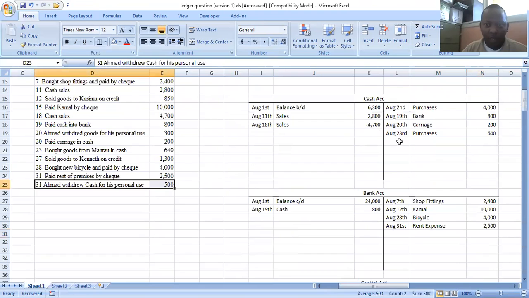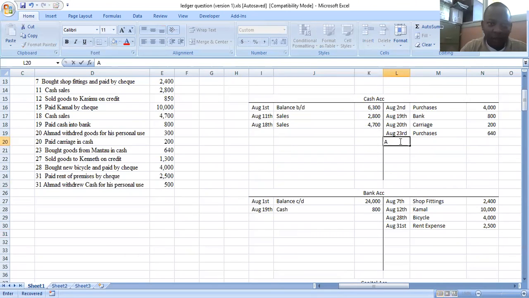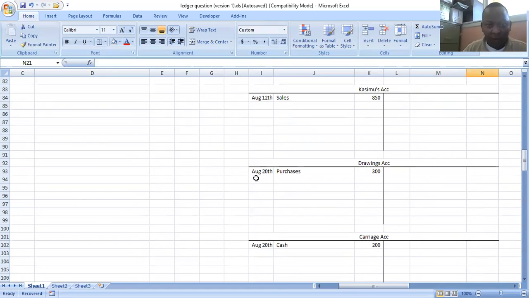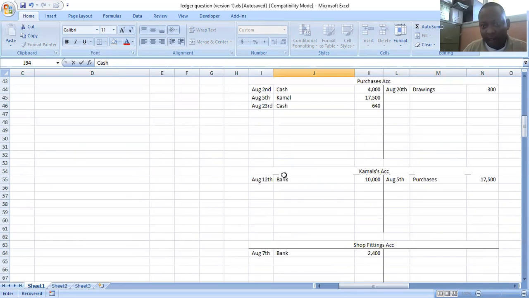We credit cash account on August 31st by drawings, and the amount is 500. And then you debit drawings account on August 31st by cash. The amount is 500.